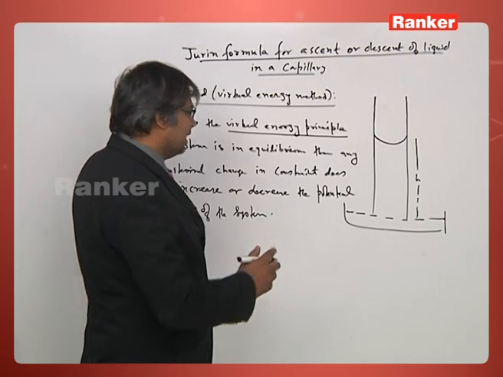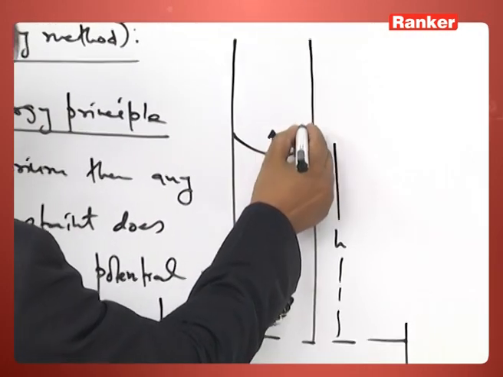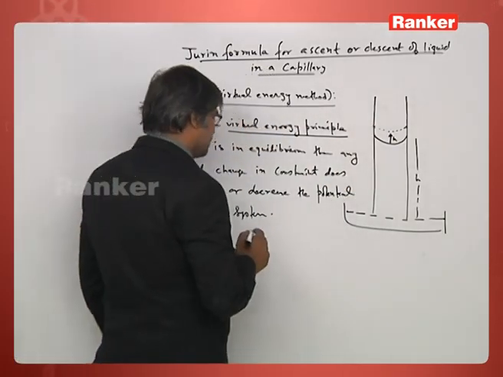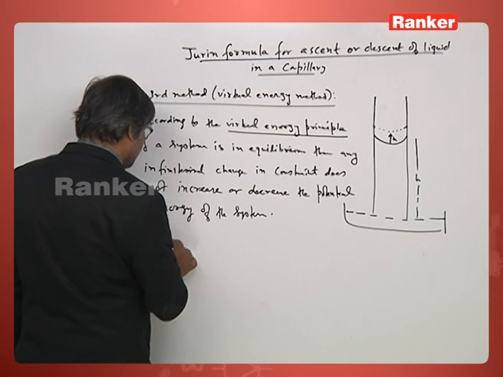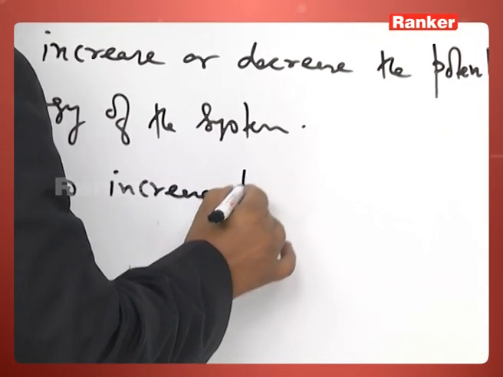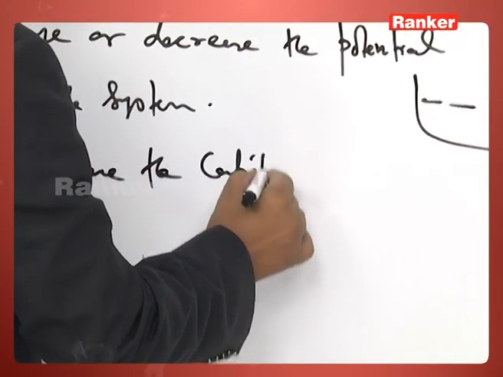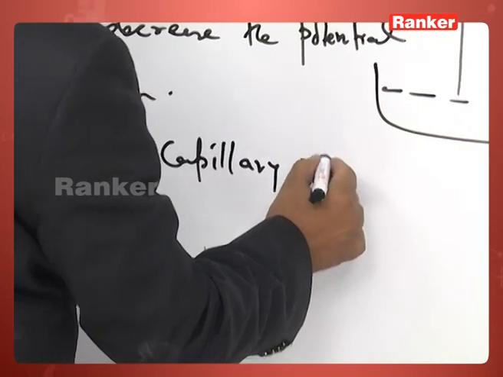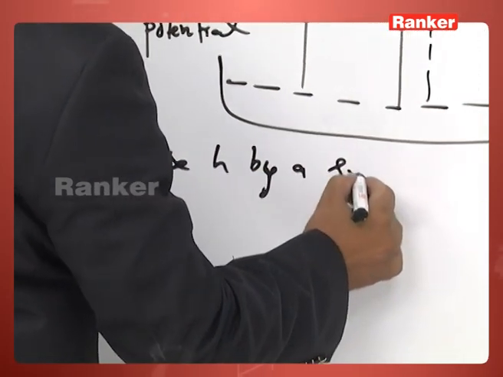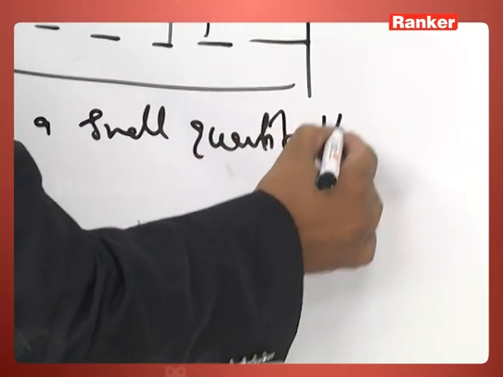So, now let us increase this by a small quantity h, so that the meniscus goes up by it. Let us increase the height, the capillary rise h, by a small quantity dh.